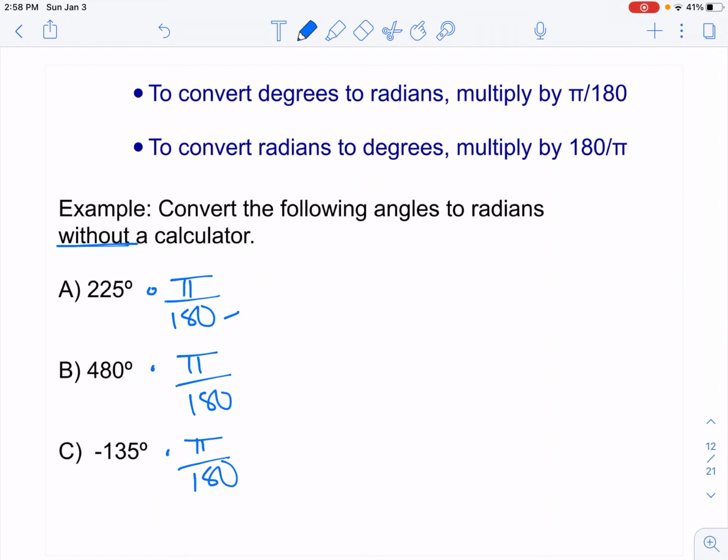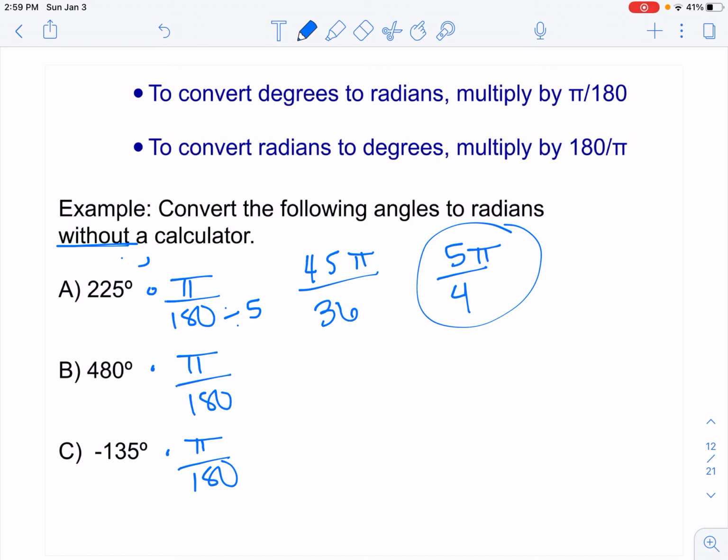So the first thing I'm going to do is look for common divisors. So I'm just going to divide the top and bottom by 5, and I get 45 pi over 36. And then I can divide by 9, and I get 5 pi over 4.